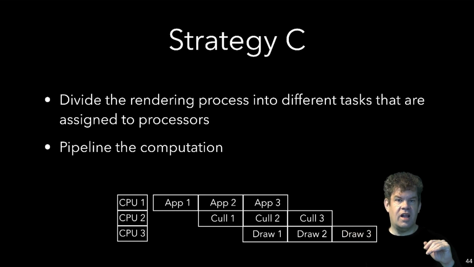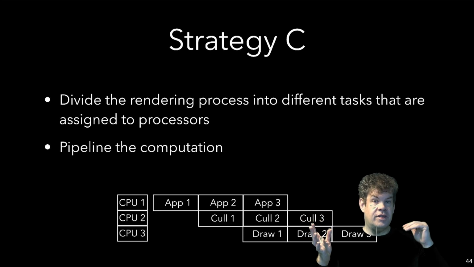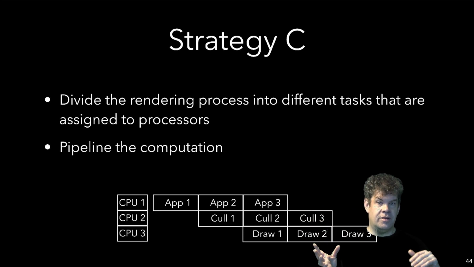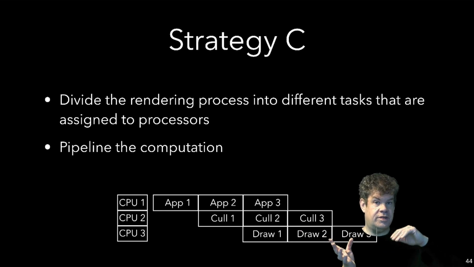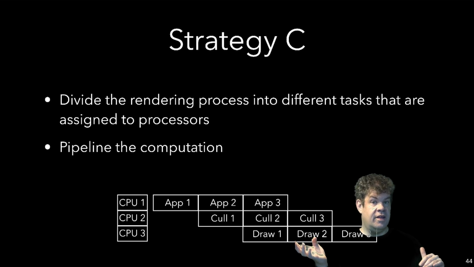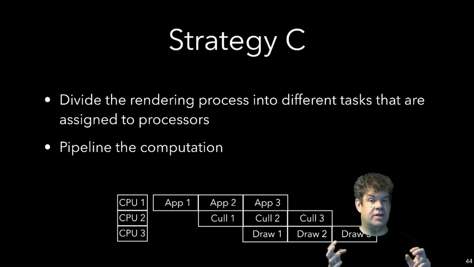That does the culling. In the meantime, processor 1 is idle and can process the next frame. Once the culling is done, it is submitted to a third processor, say the graphics card, that does the drawing, and it is idle itself, so it can take the results from the second app pass from the first processor while that one does app 3.